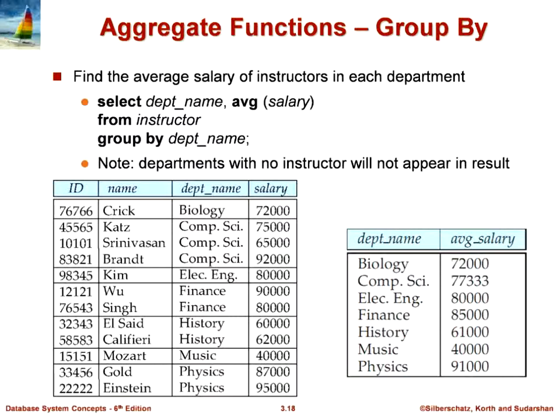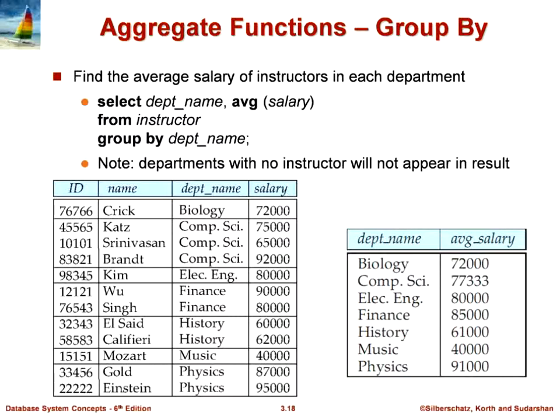You can find the average salary of instructors in each department. So department name and average salary. Because you want to know in which department what the average salary is, we are selecting department name as well as average salary from instructor, and you group by department name.